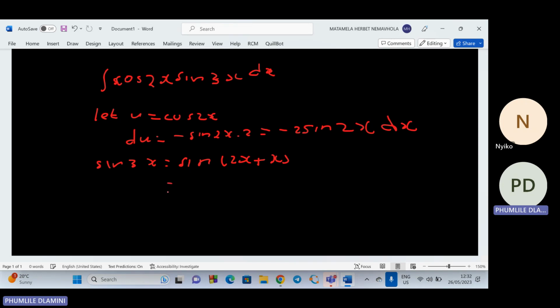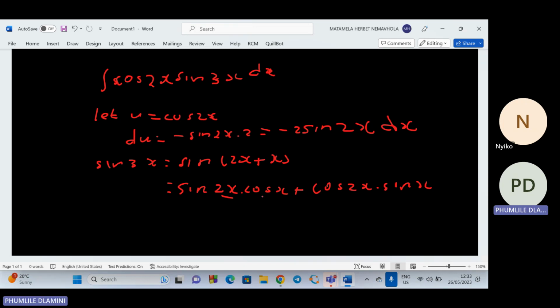If I write it this way, I can rewrite this as sine 2x cos x plus cos 2x sine x. We cannot make them match because sine 2x has 2x while cos x does not. So we need something in exactly the same format.